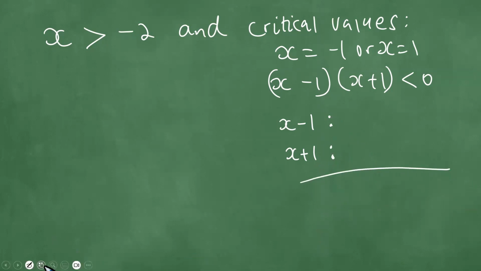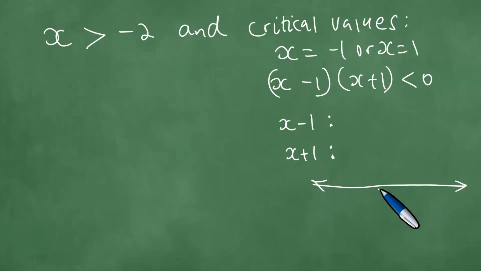Let me just draw a line that looks a bit more straight here. So we draw a real number line, and we have here minus 1 together with 1, and these are the values of x. Okay, real line of the values of x.